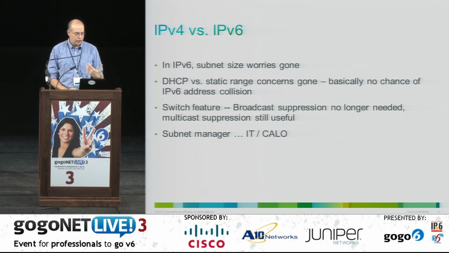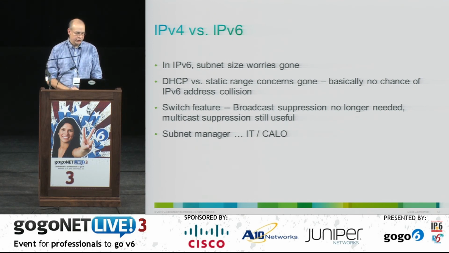And there's so little chance of an address collision in DHCP versus static configuration, because if you're going to do static, you're going to keep it simple with the .1 and the .2, .88, versus DHCP, which is going to give you a full EUI-64 on Ethernet.